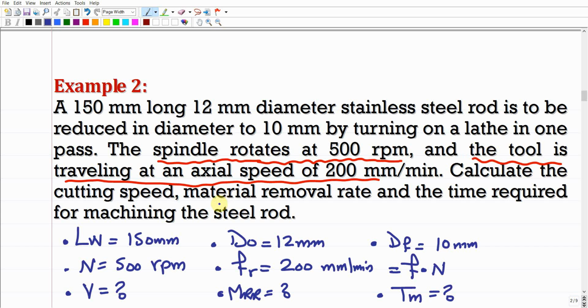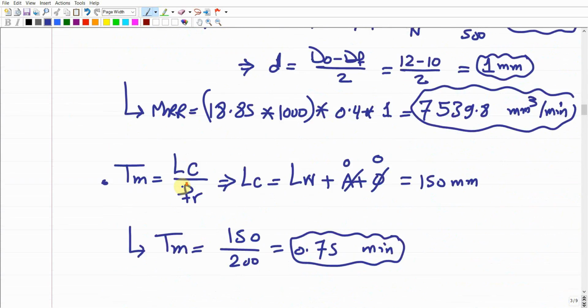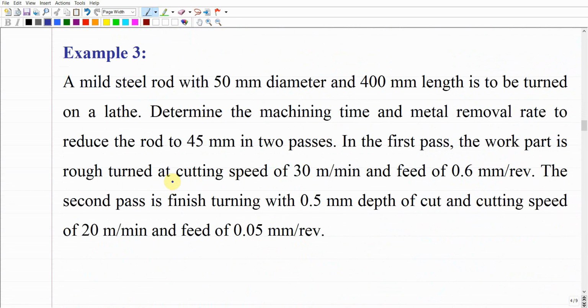The tool is moving or traveling parallel to the axis with an axial speed, so the movement of the tool is definitely the feed motion. So instead of giving the feed and cutting speed directly by their names, he described them indirectly, and we have to understand that they are the cutting speed and the feed, as we explained over this example number 2.